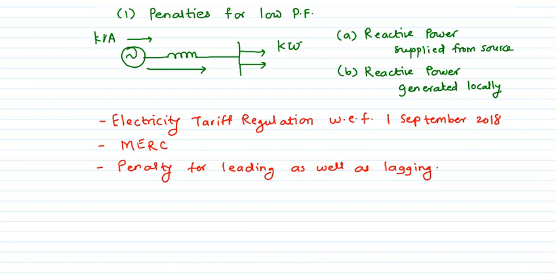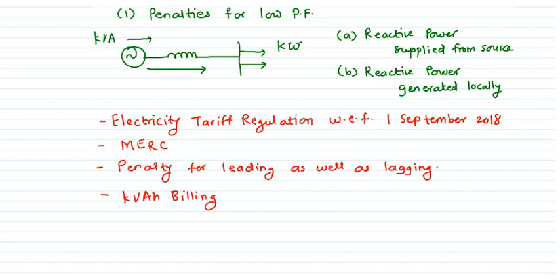This is the first thing to understand. Earlier, the penalty was only for lagging power factor. So the penalty for leading power factor will be applicable as a first step towards kVAh billing. This is the apparent energy billing Maharashtra wants to implement. So this is the first step.